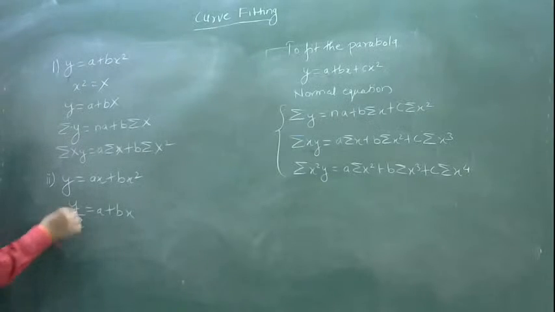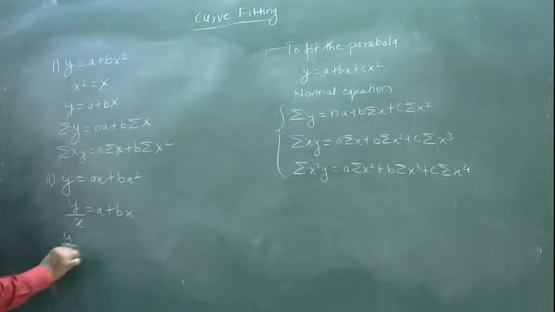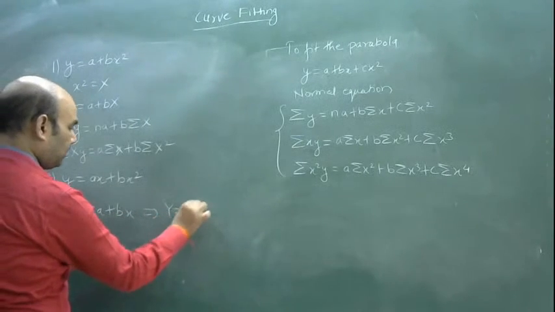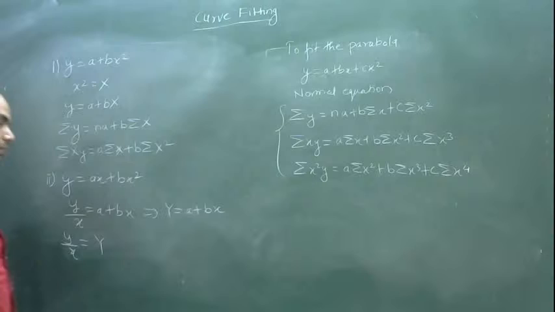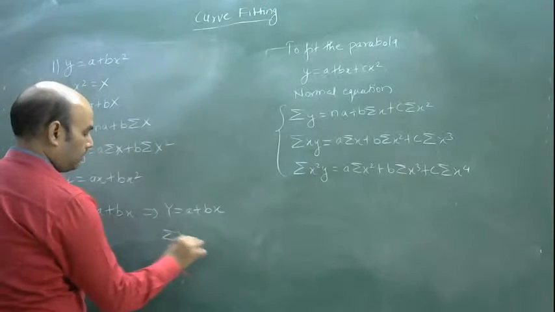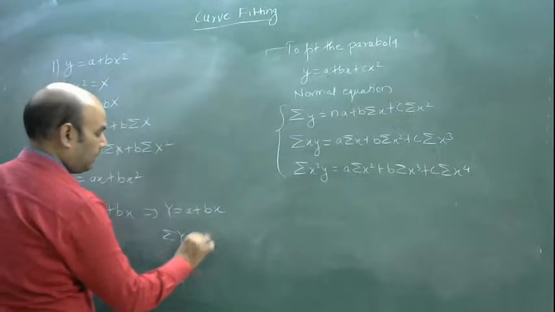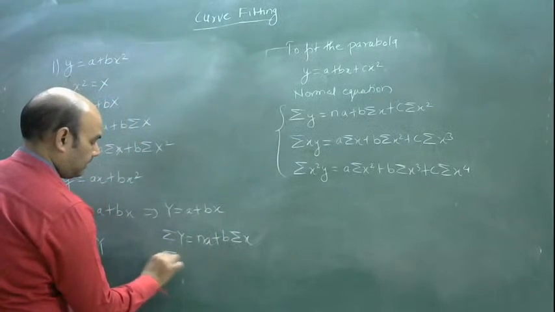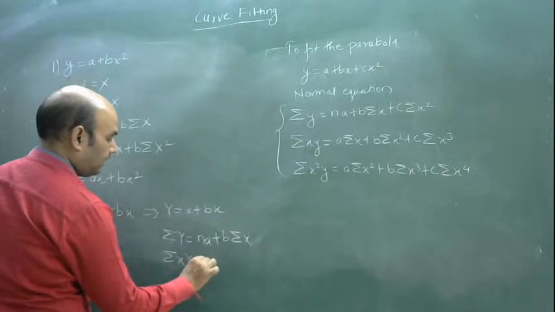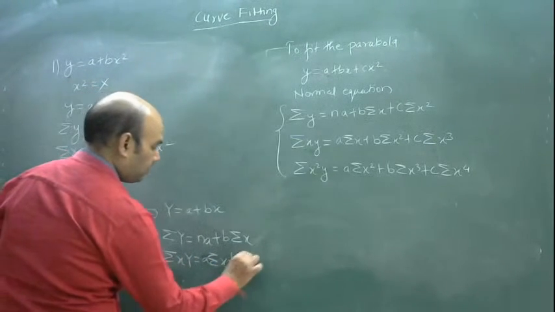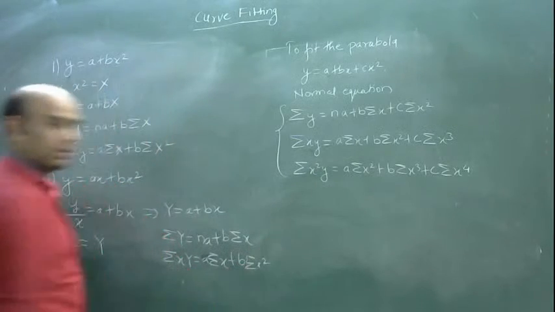Let y by x be equal to capital Y. So this will become capital Y is equal to a plus bx. The normal equations will be: summation of capital Y is equal to n into a plus b summation x, and summation of x into capital Y is equal to a summation x plus b summation x square.